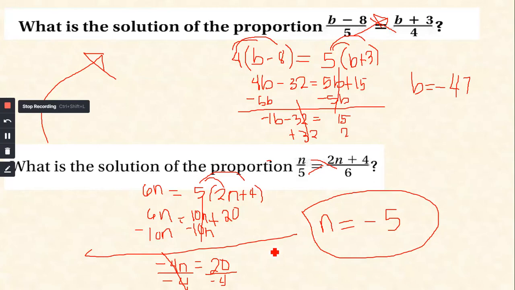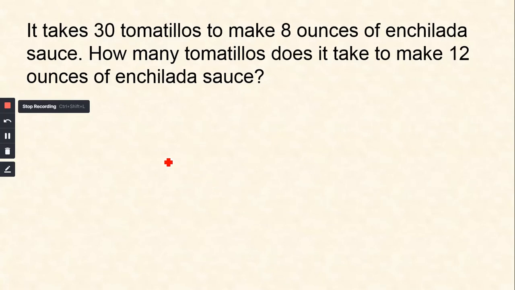Okay? The next one, we have here a practical application of proportion. It takes 30 tomatillos to make 8 ounces of enchilada sauce.